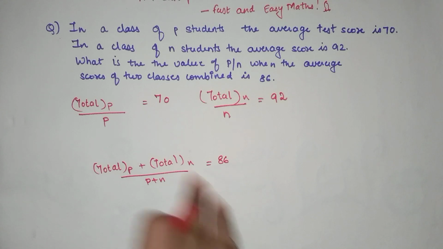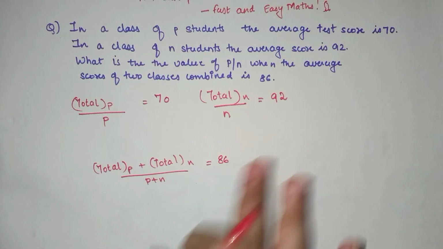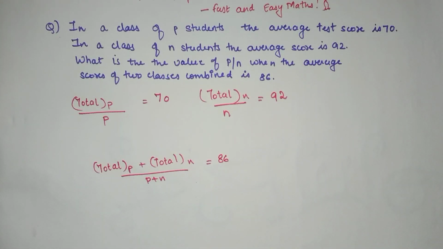Majority of students could come till here, but after this they were not sure what to do. So look over here. We do not need P and N individual values.